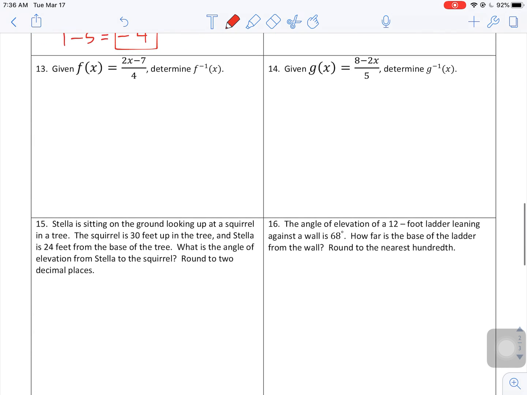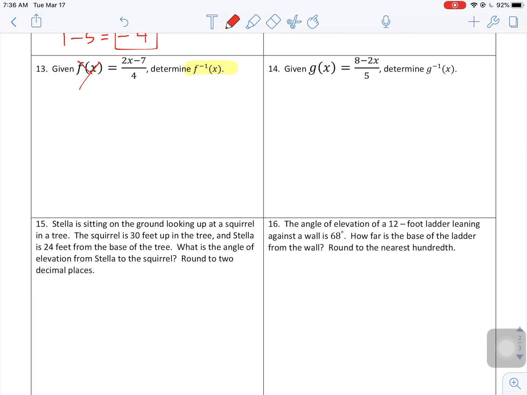On 13, we want to do the inverse. That's what this notation over here is, f inverse of x. So whenever we're finding inverses, remember, f of x or g of x or h of x or m of x, whatever the function's name is, that's the same as y. So f of x is y. So that's kind of like step 0.